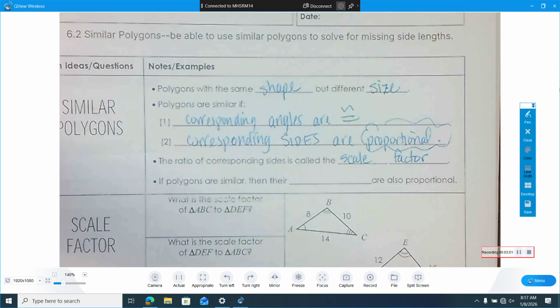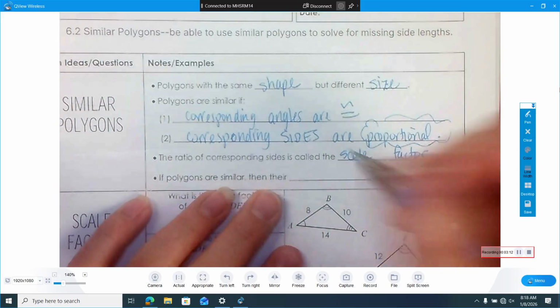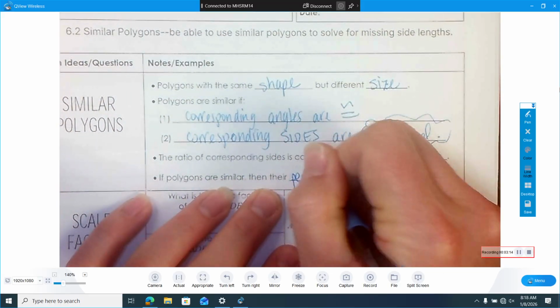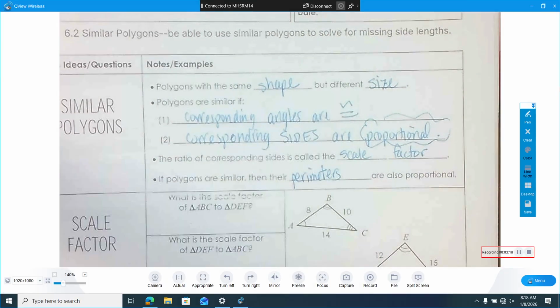All right, that is the ratio of corresponding sides. The ratio is a fraction, so we get to compare corresponding sides. And if polygons are similar, then their perimeters are also proportional.